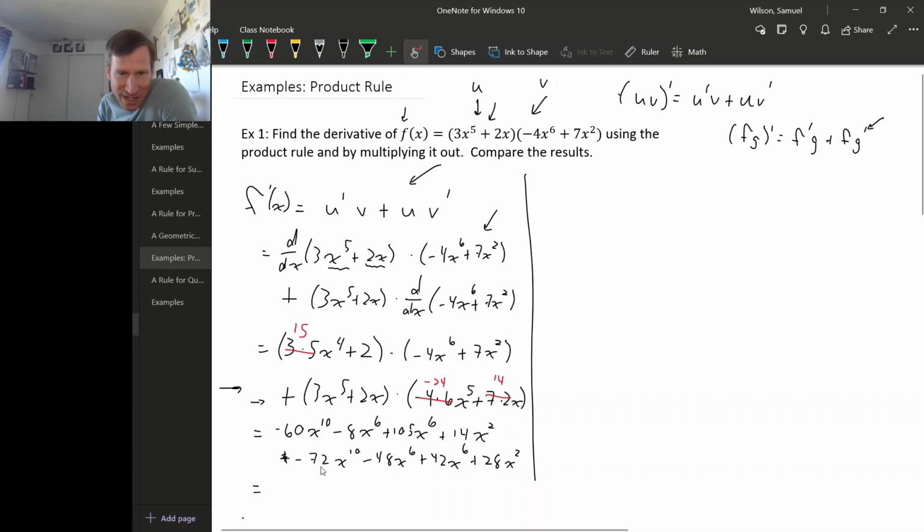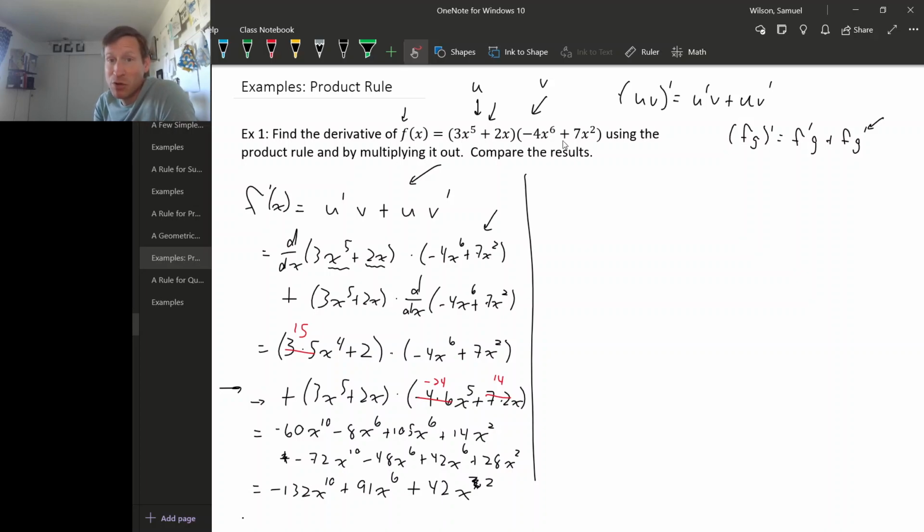So negative 60, negative 72, negative 132x to the 10th, and then all our x to the 6ths, here's negative 8, so negative 8, minus 48, plus 105, plus 42, so positive 91x to the 6th, plus, and here we have 42x squared. Okay, so that's using the product rule.